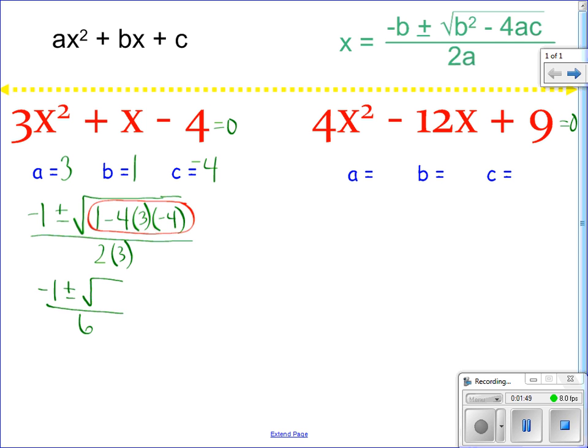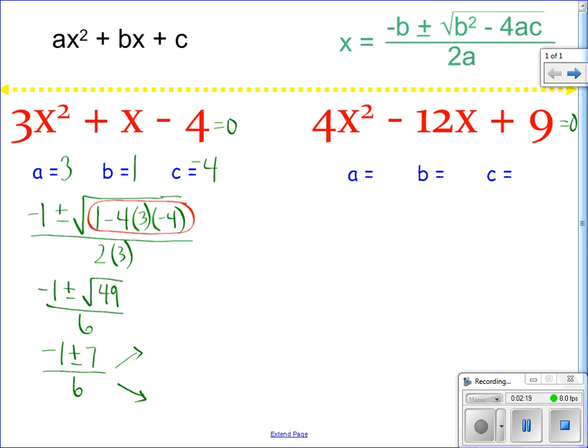Okay, so in your calculator, we put that in and we get 49, which is really nice because 49 you can square root and not get a decimal. All right, so this is really -1 plus or minus 7 over 6, which is really 2 answers. Okay, you're always going to get 2 answers on these unless you get 0 for the discriminant.